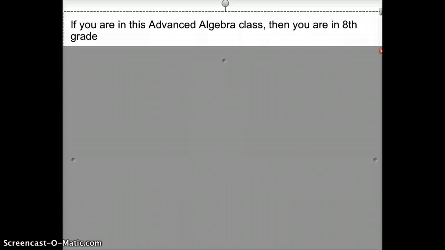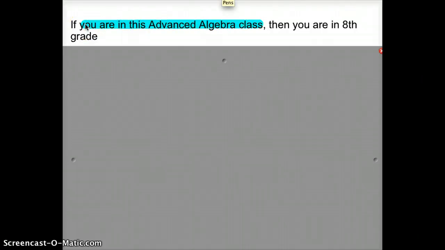So this first one says, if you are in this advanced algebra class, then you are in 8th grade. So we know that the if statement, the hypothesis, is you are in this advanced algebra class. Okay, and the conclusion is you are in 8th grade. That is a true statement. If you are in my advanced algebra class, you are in 8th grade. Okay, did you try to come up with a converse yet?